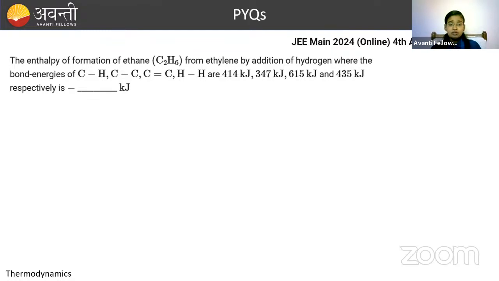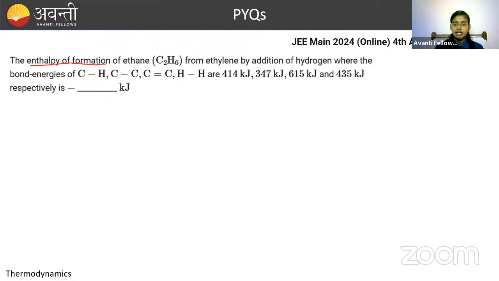The enthalpy of formation of ethane from ethylene by addition of hydrogen, where the bond energies of CH, CC, C double bond C, HH are given. So there are 4 values given for all the bond energy in the question. We have to find out the enthalpy of formation. So how to find out the enthalpy of formation from bond energy?